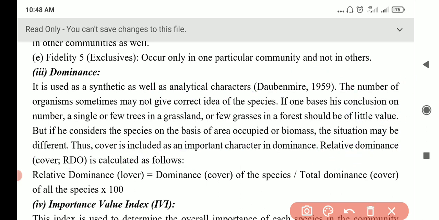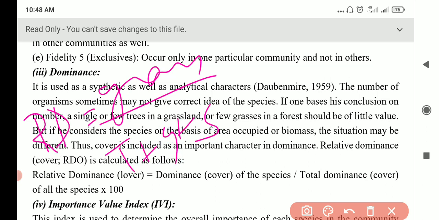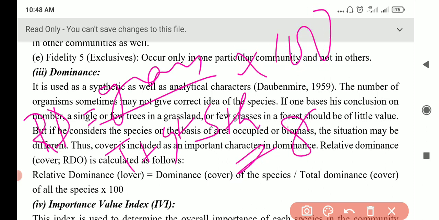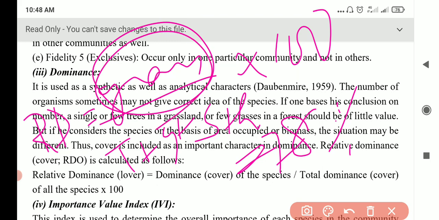Then for the relative dominance of grass, grass divided by grass plus shrub plus herb, times 100, you got, let's say, 78%. So you will know that this has to be a grassland community.